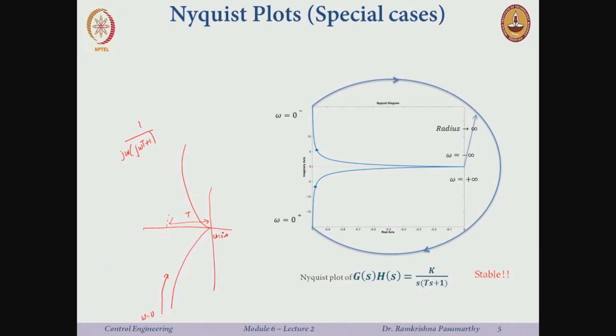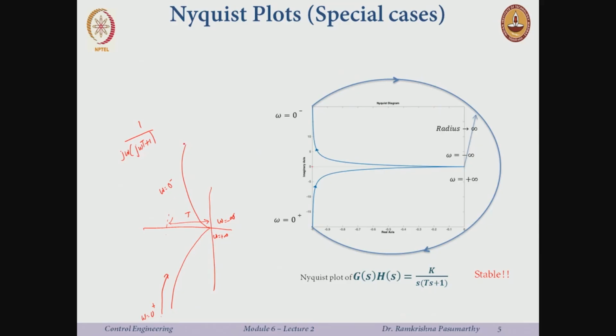So how do I really look at it? I start at omega equal to 0, or let us call it 0 plus. When omega equal to plus infinity, I will be here. When omega is minus infinity, I will be here. Omega equal to 0 plus, I am going here. Omega equal to 0 minus, so negative frequency, I will be here. Now what happens at omega equal to 0?